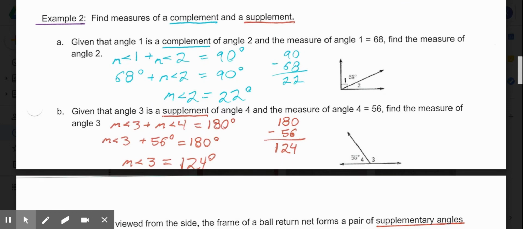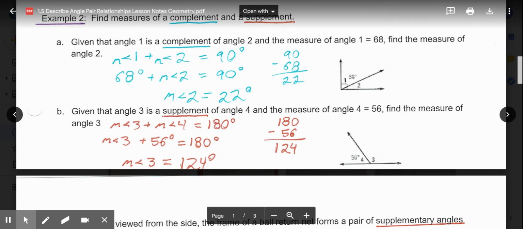Example 2 says find the measures of a complement and a supplement. So we know complementary angles equal 90. So if I'm looking for a complement, that would be the angle that completes the equation to solve whatever the other angle is, plus this equals 90.